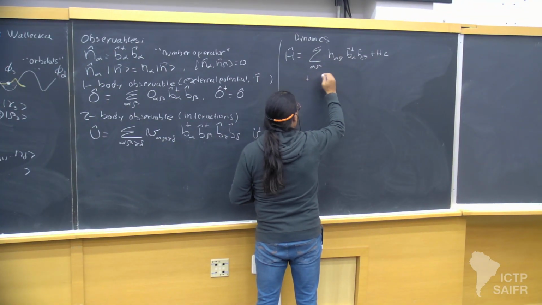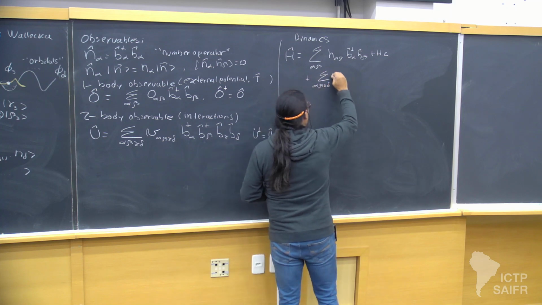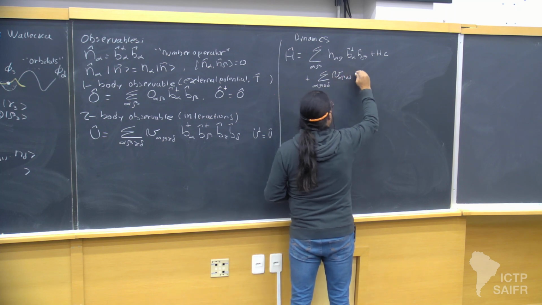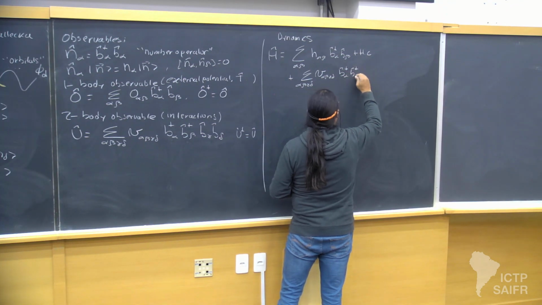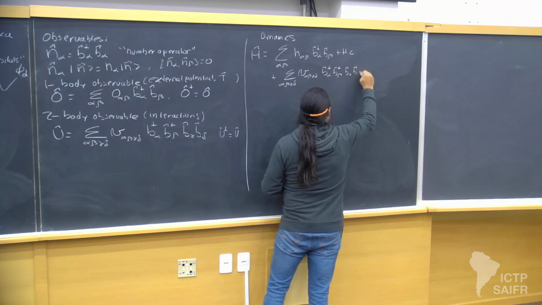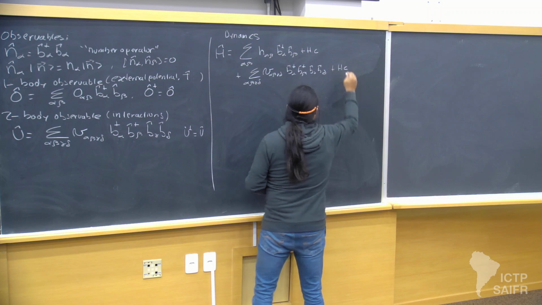And it has an interaction part that usually you write as I did there. Some V, and then a bunch of beta, gamma, delta, and the Hermitian conjugate to make it Hermitian.